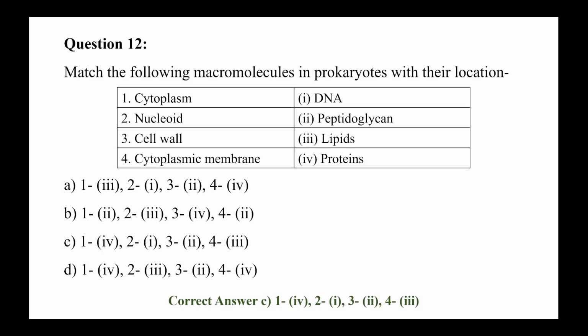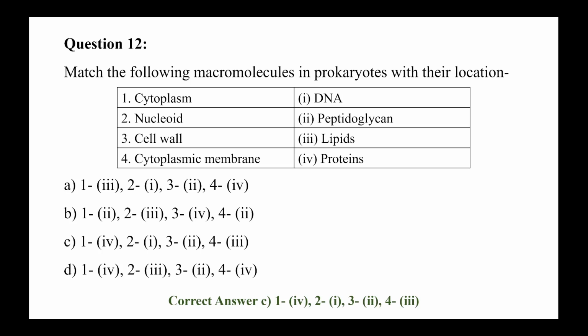Then we have peptidoglycan, which is present in the cell wall. I told you the cell wall comprises peptidoglycan. In gram positive, that peptidoglycan is a thick layer, and in gram negative, the peptidoglycan is a thin layer. Then you have the membrane. Membrane is composed of lipids. So we have a phospholipid membrane.